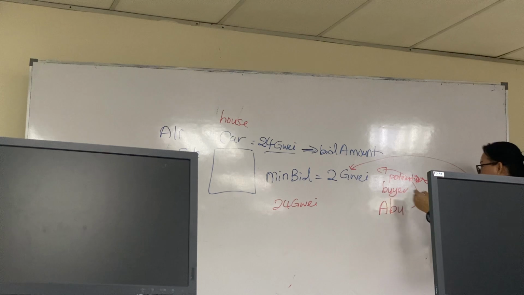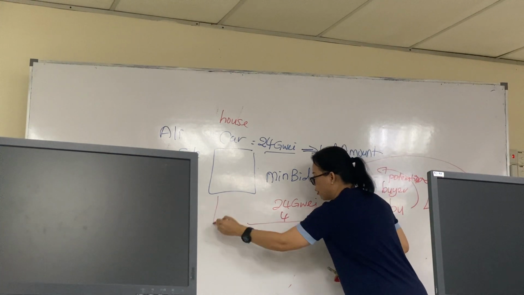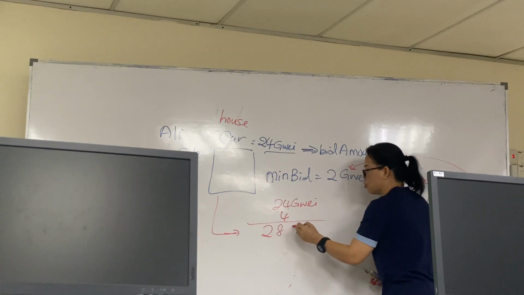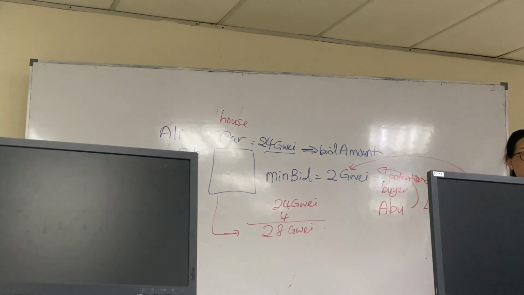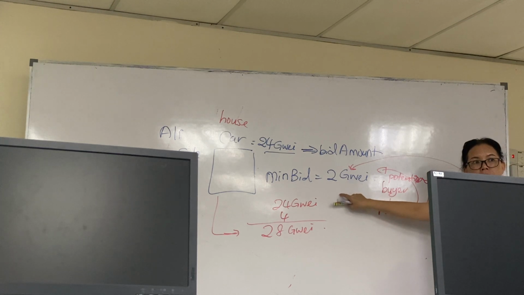So 24 plus 4, the price of the product becomes 28 G-Way already. You understand the logic for that? You need to achieve the minimum bid.